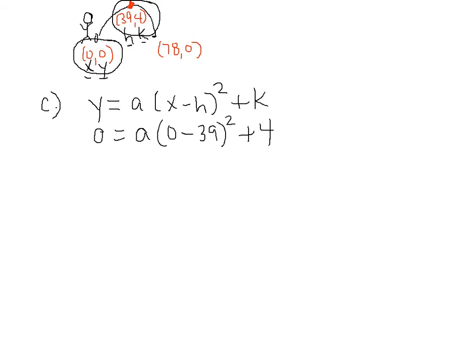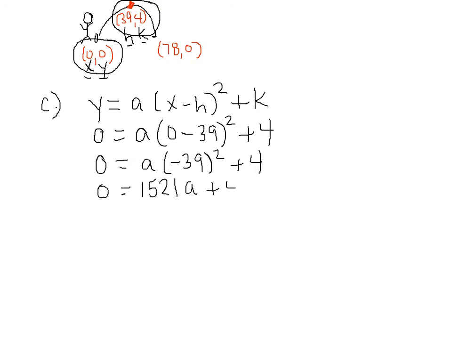Now go ahead and simplify it. So we have 0 equals a times a negative 39 squared, and then plus 4. So we have 0 equals negative 39 squared comes out to be 1,521. I'm going to put that in the front of a, and then I have the plus 4.